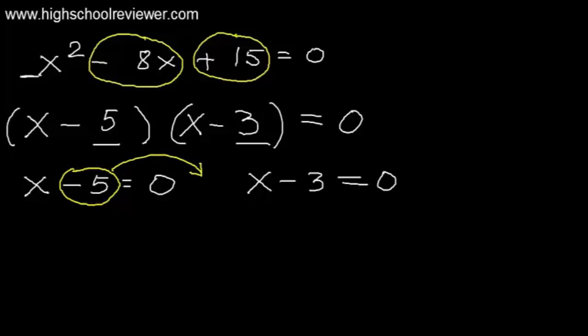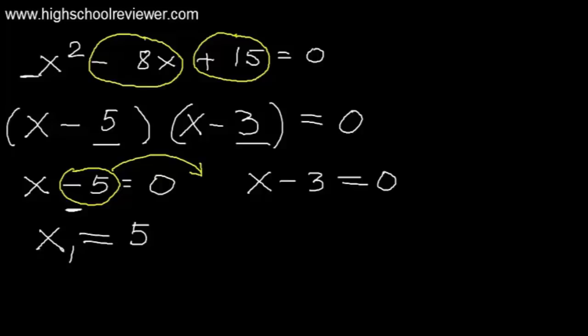If we transpose negative 5, what will be left on the left side will be x. And if we transpose negative 5 to the other side, it will change sign. It will become positive 5. So our x sub 1 is positive 5.